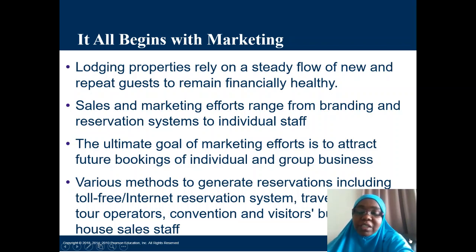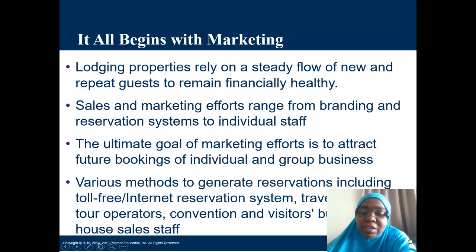How do your staff attend to the customers? The ultimate goal of marketing efforts is to attract future bookings, like I mentioned earlier. You have to make sure that you retain the existing customers and attract new ones to come and patronize you. So the ultimate goal of marketing efforts is basically to attract future bookings of individual and group businesses.